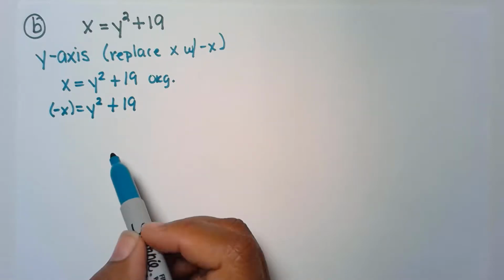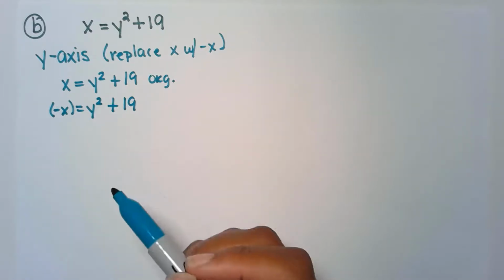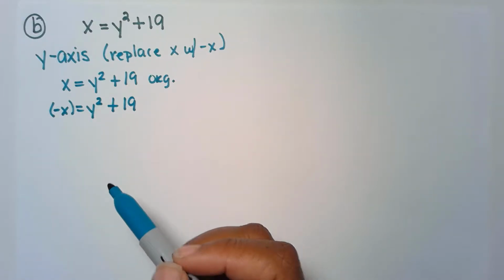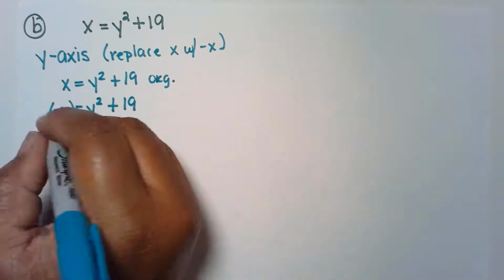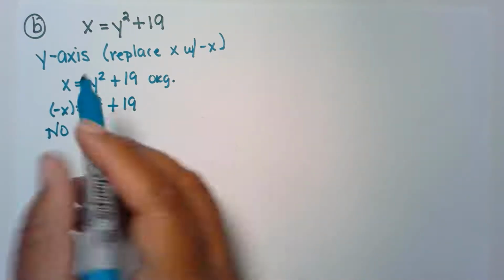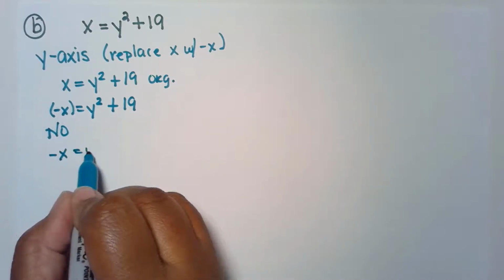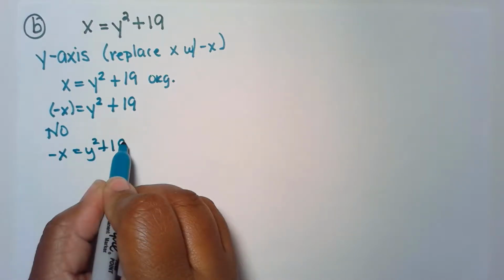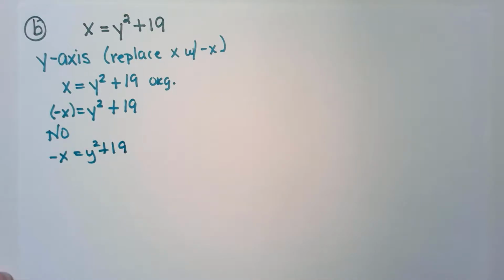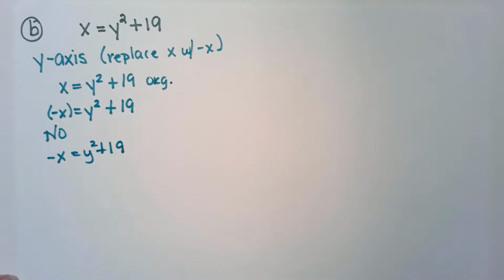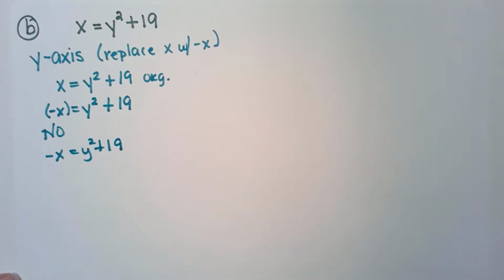Do we have the same equation, an identical equation? No. Because this first part here, you're saying negative x equals y squared plus 19, and that's it. It's not the exact same equation.